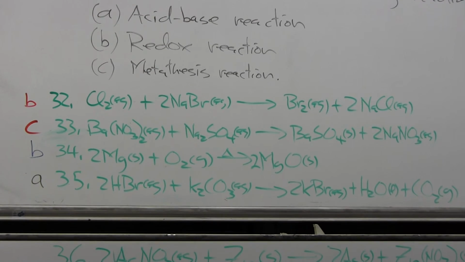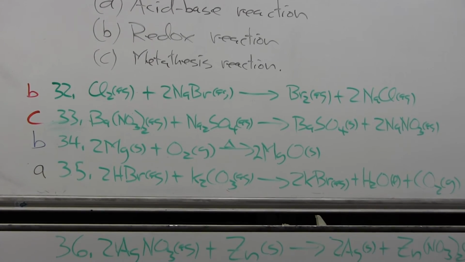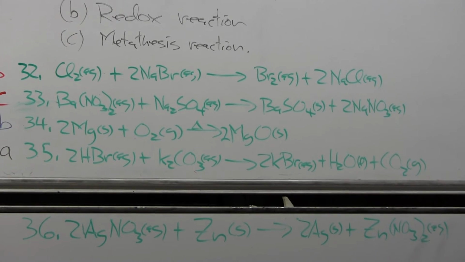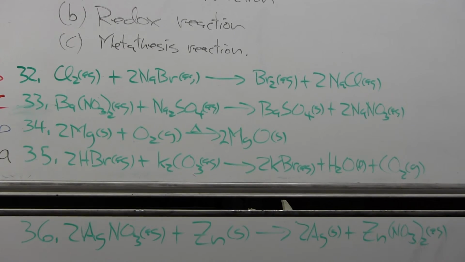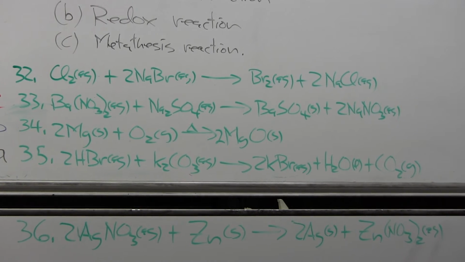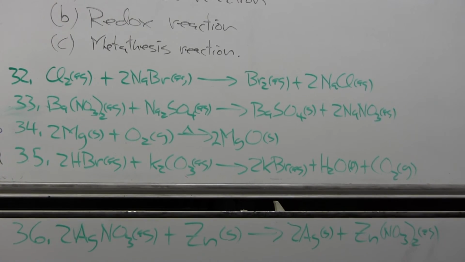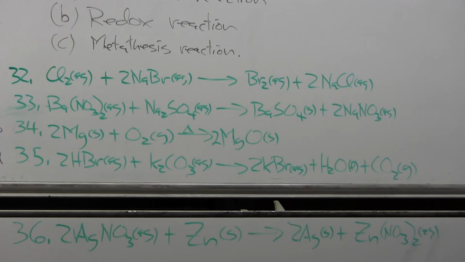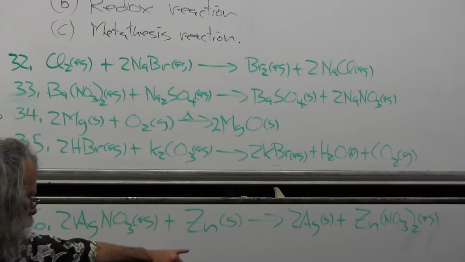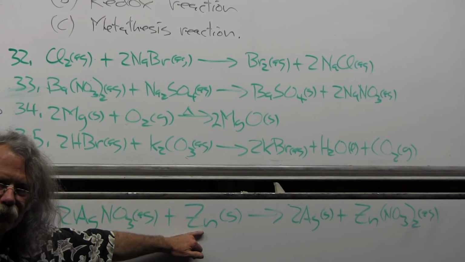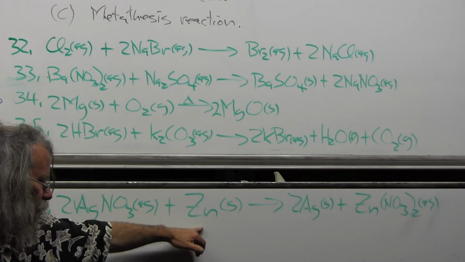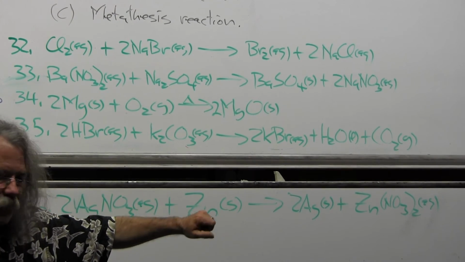And now the last in this series is problem 36, where I am given 2 silver nitrates aqueous plus zinc solid, going to 2 silvers solid plus zinc nitrate aqueous. Again, we've got the big tell here. We've got a pure element in its zero oxidation state on one side, and it's in a different oxidation state on the other.